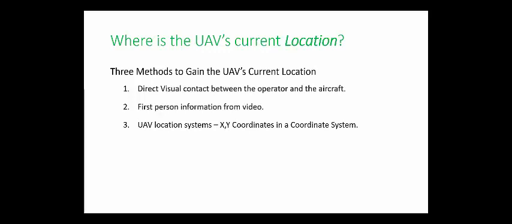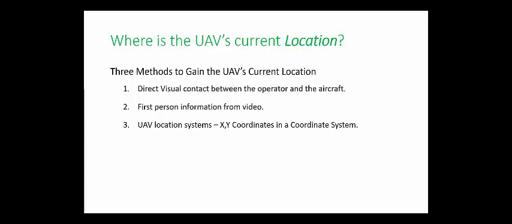Our second method would be using the first-person information from onboard video. There we can either use our location that we can see from the aircraft or use other identifying features on the landscape, such as terrain or other structures, to identify where the aircraft is looking from.